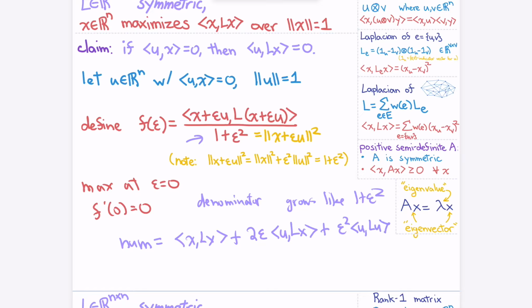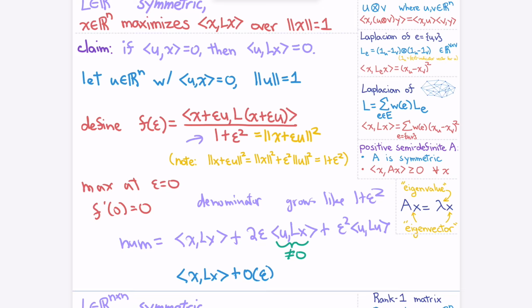Okay, but here's what I want to highlight. Suppose by contradiction this is not equal to 0. So at some level this is growing like, so this is x l x, if I just treat that as a constant, plus big O of epsilon.